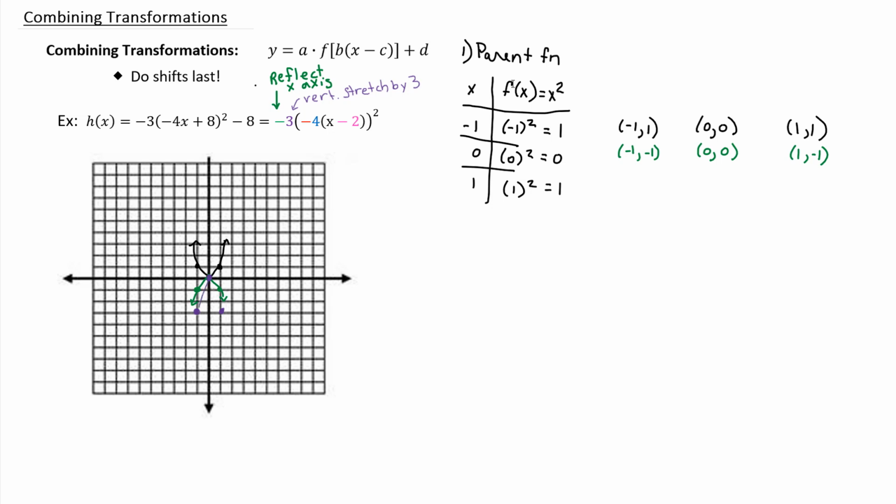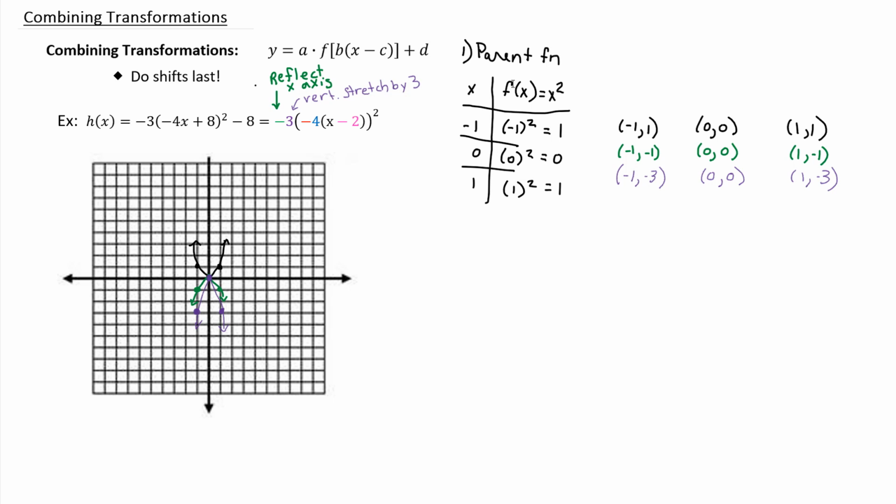So that'll get you your vertical stretch by a factor of 3. And again, if you're trying to follow along point by point, you can see that the y coordinates are what's affected. They're multiplied by 3. And if you multiply 0 by 3, it's not going to change, so it looks like it's unaffected, even though you did do the multiple.